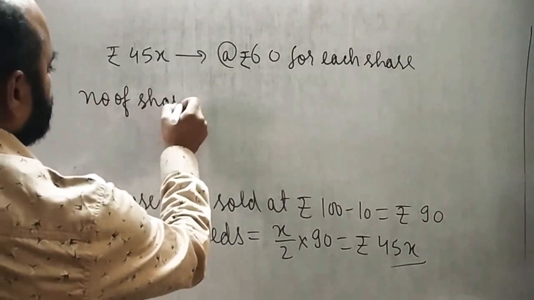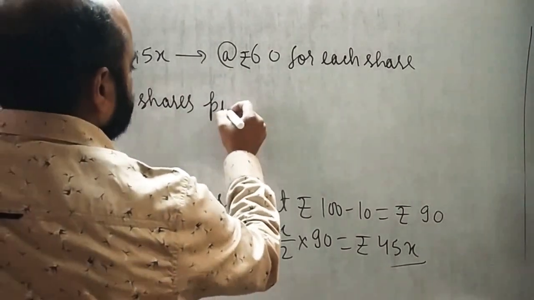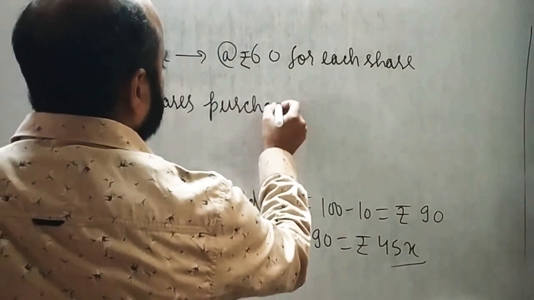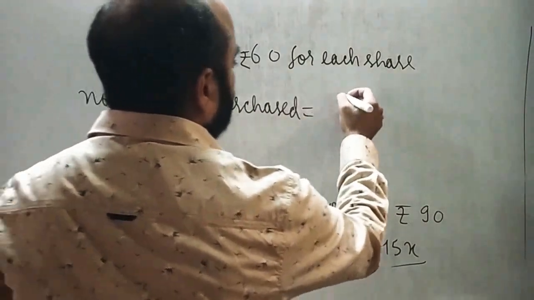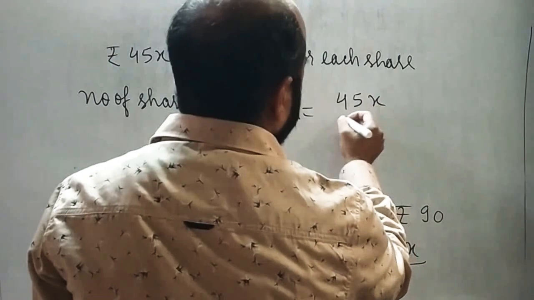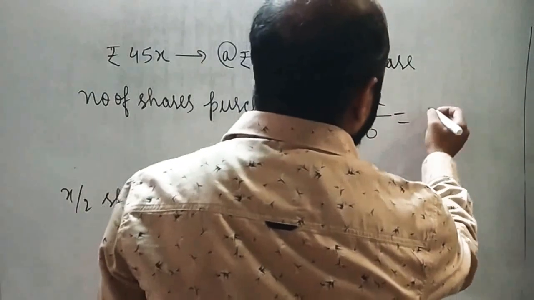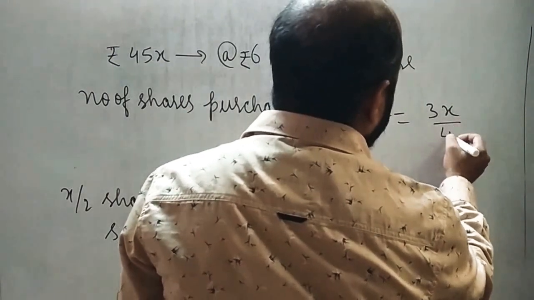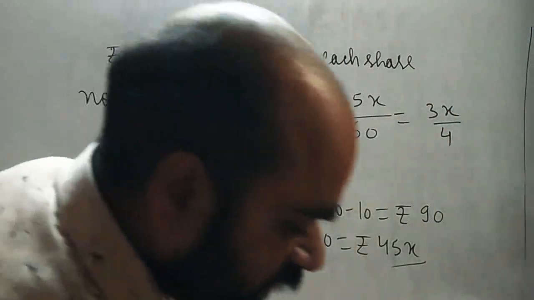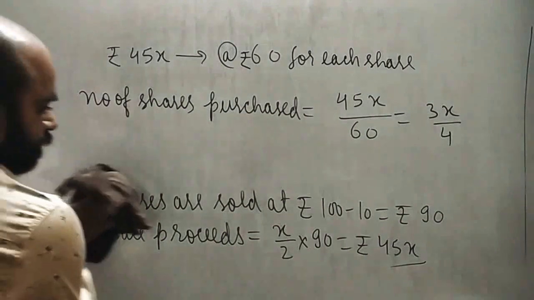Number of shares purchased: total amount to be invested 45x, for each he is going to invest 60. So that will give 3x by 4. This is the number of shares purchased.